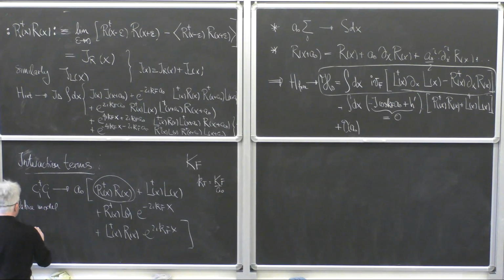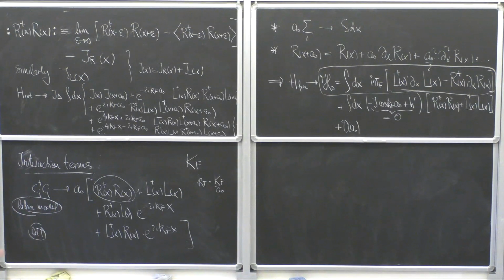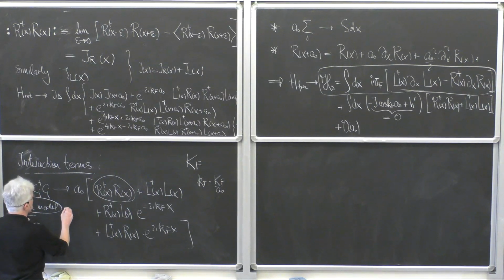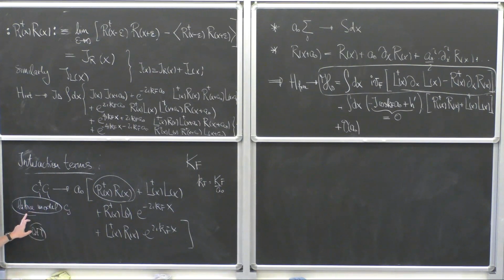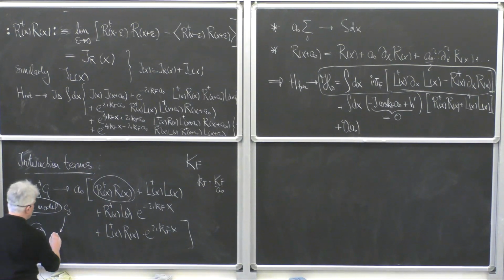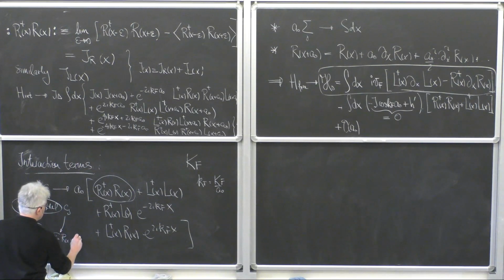So in other words, I have the lattice model, and then I have the QFT. In the QFT, there is no a naught. So in a sense, you're right. But if I have an operator in the lattice model, so c_j or something like this, I now map this onto an operator in the quantum field theory, and then I have square root of a naught, R of x, e to the i kF x, plus L of x, e to the minus i kF x.